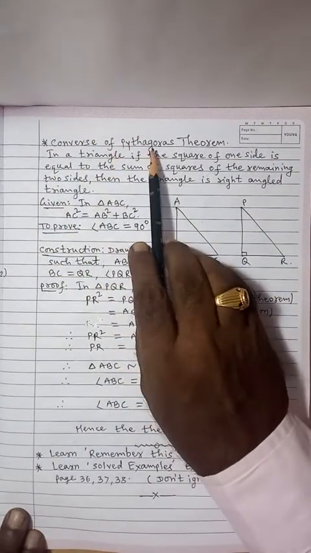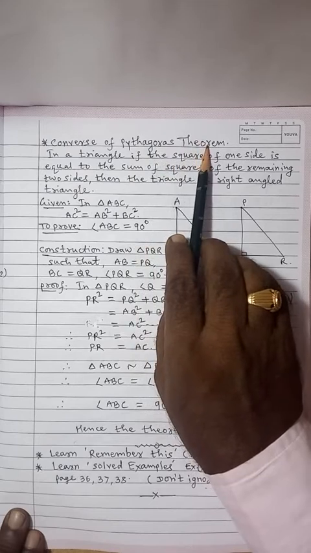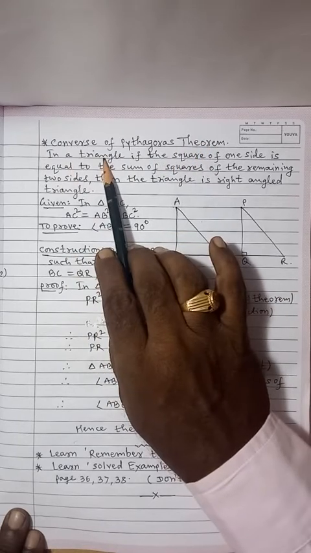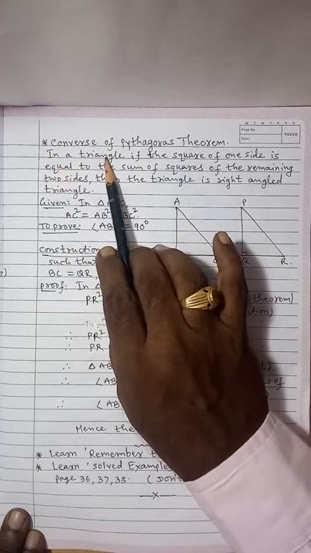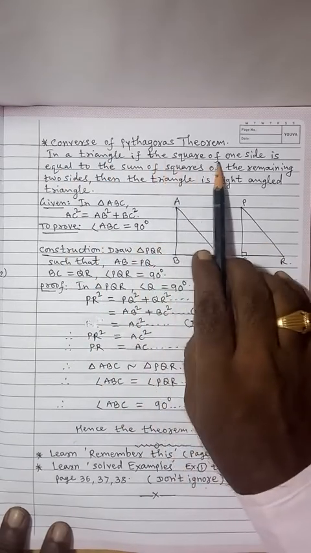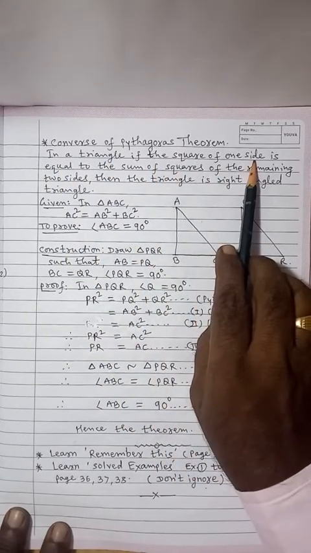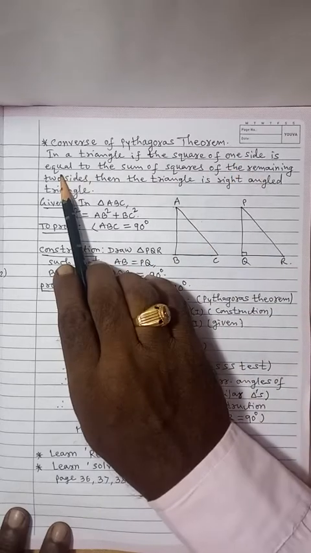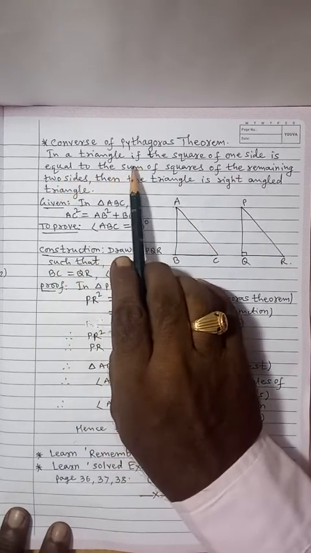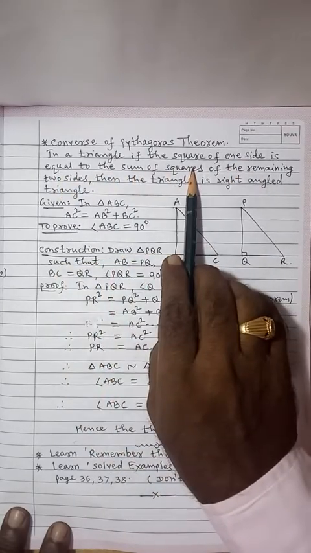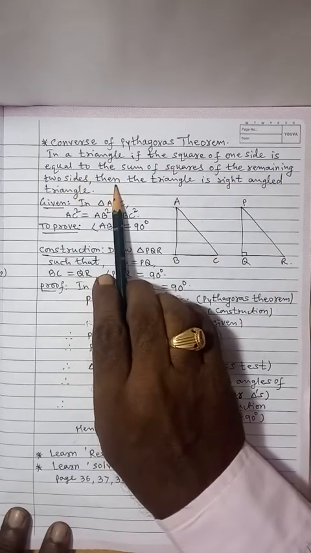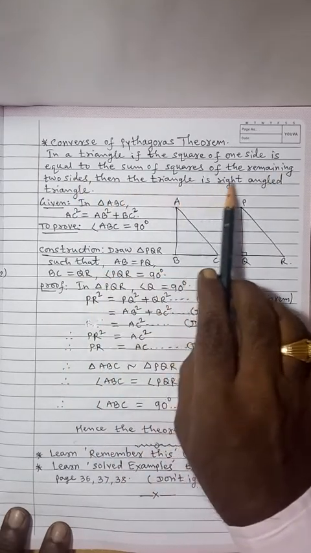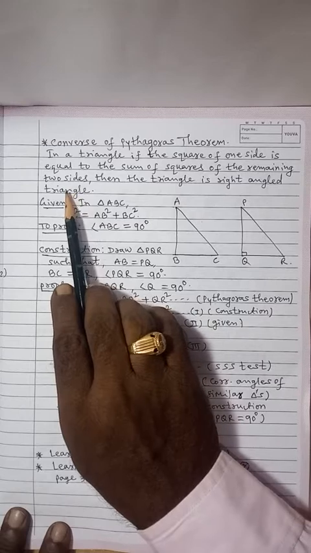Converse of Pythagoras theorem. In a triangle. Triangle is there, any triangle. In a triangle, if the square of one side is equal to the sum of squares of the remaining two sides, then the triangle is a right angled triangle.